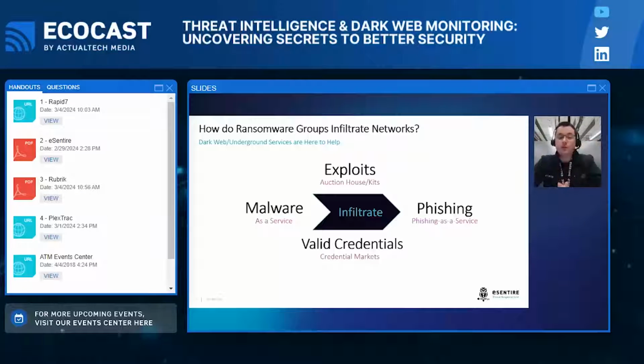For phishing, there are services that are also ready to go out of the gate, and you can rent those for a couple $100 a month. And credential markets usually offer live, very fresh credentials for as little as $10 that can be used to gain access into networks. Now, these services are what allow actors to upskill and scale their attacks.